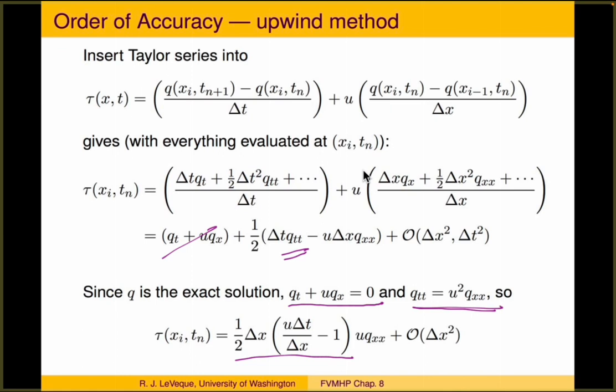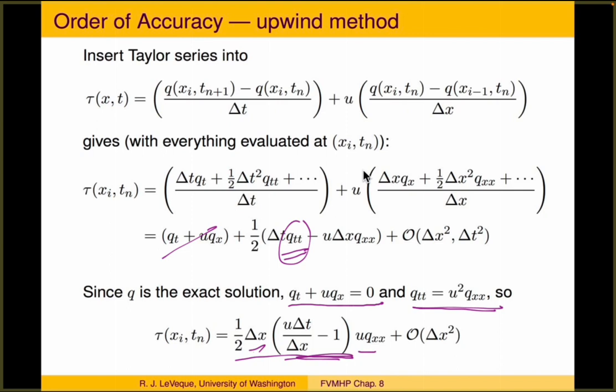And so I've used that to replace the qtt up here, and then I've also factored out a delta x here, so that we end up with the truncation error as a constant, a delta x, a term that's proportional to delta x, and then there's a factor u delta t over delta x minus 1 times u qxx.